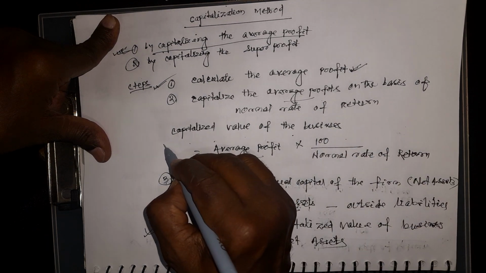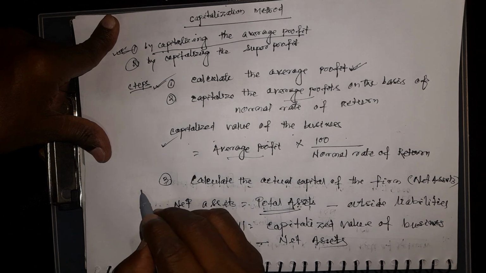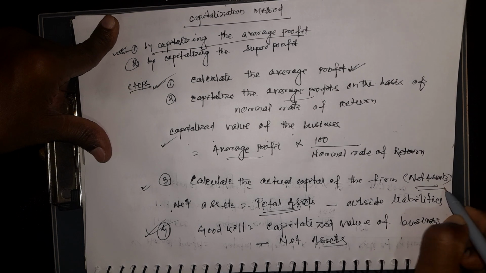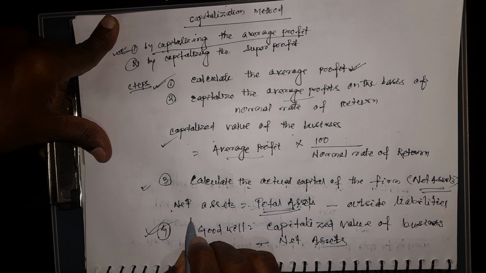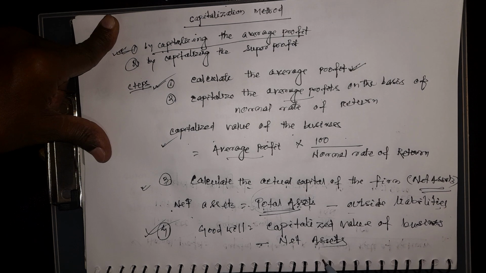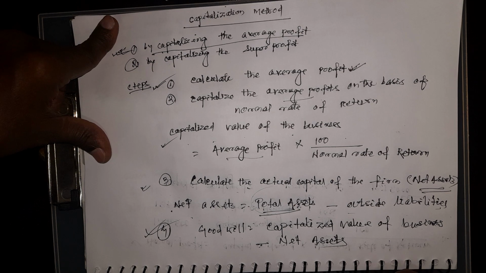Third step, calculate the actual capital, the real amount invested in the business, which is net assets: total assets minus outside liabilities. Remember to exclude the existing goodwill and fictitious assets from total assets.